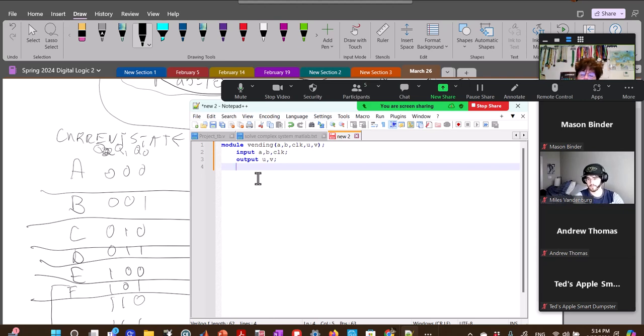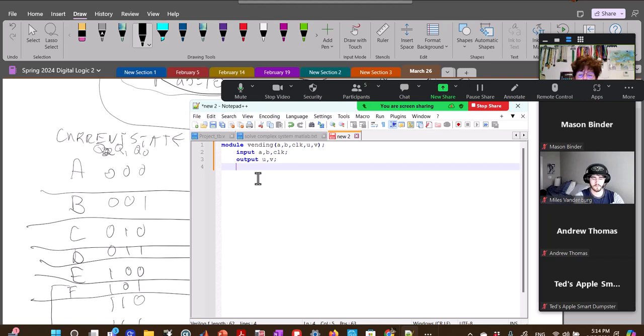So you'll want to have two always blocks. One always block figures out what the next state is going to be. The next always block advances the state. So you'll have one always block that operates when any of the inputs change other than the clock. The other always block only operates on the clock edge, and its job is just to advance the states.